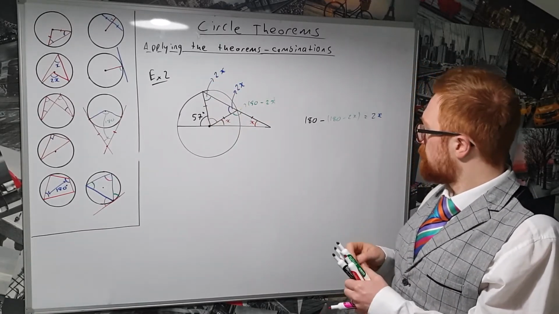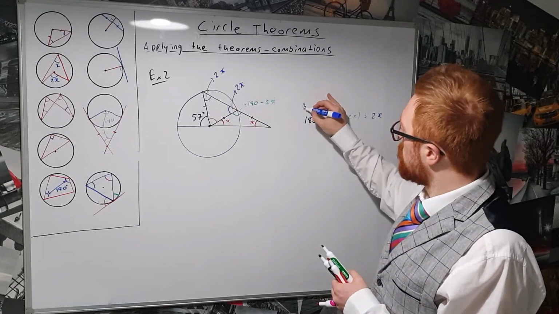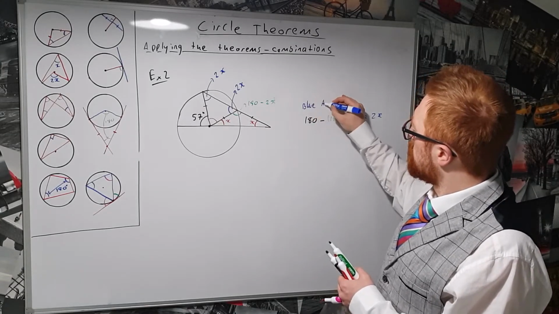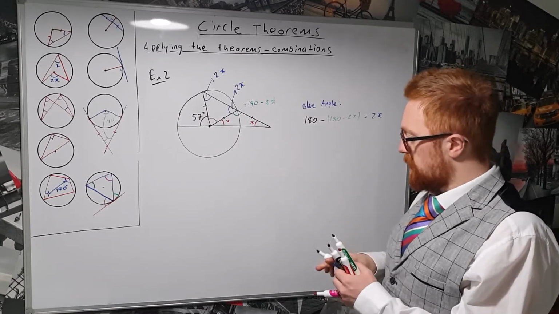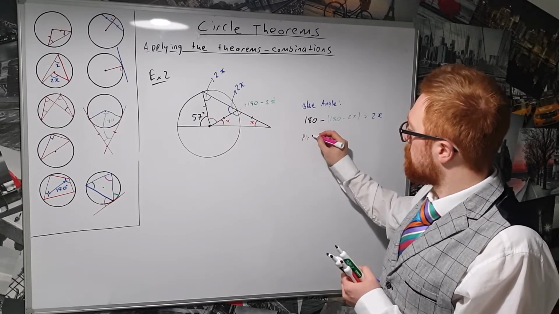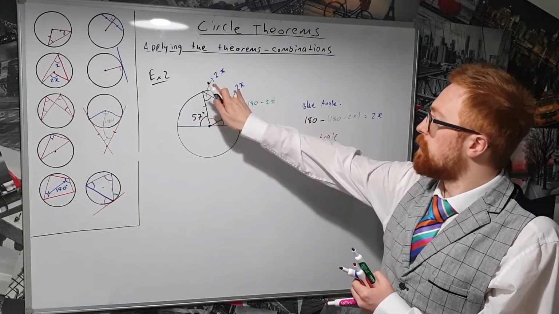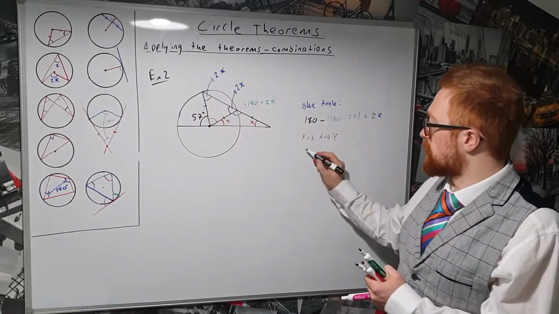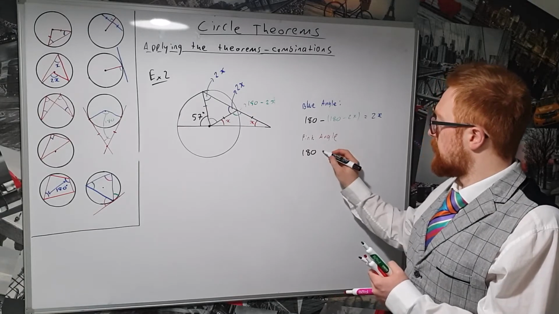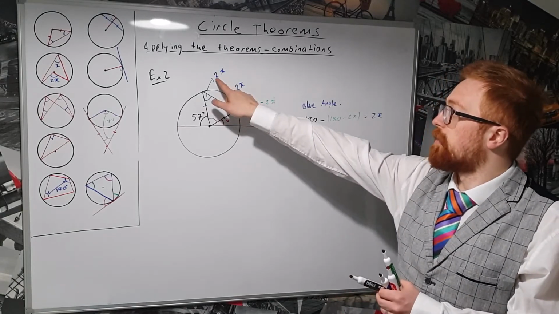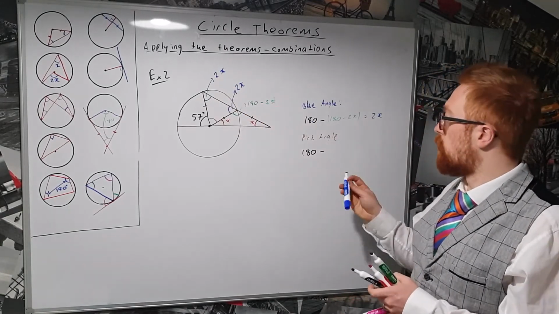So this was to work out our blue angle. This is now to work out our pink angle. So our pink angle, again, we add these two together and subtract it from 180. I'm going to do 180, and we're going to take away, now if we add these two together, that gives us 4x.